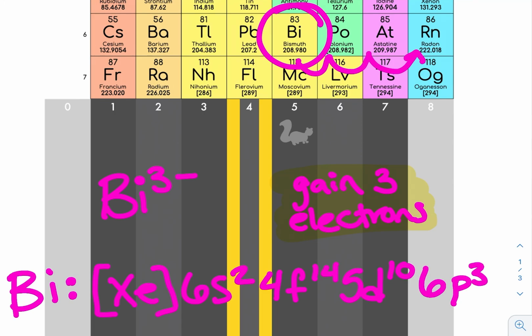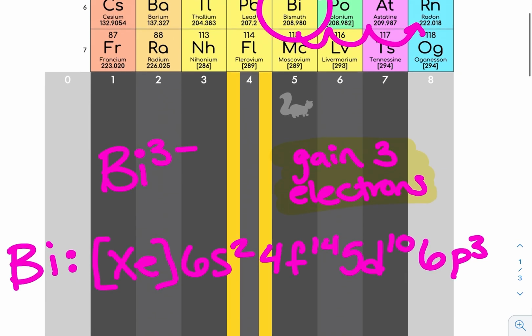Our electron configuration for bismuth is seen at the bottom of the screen right now. But when we gain those 3, we're moving over 3. This is why people talk about the noble gas configuration, because we are going to resemble a noble gas when we're writing this electron configuration. In this case, we're writing the electron configuration for radon. Let's see what that looks like and how it differs.